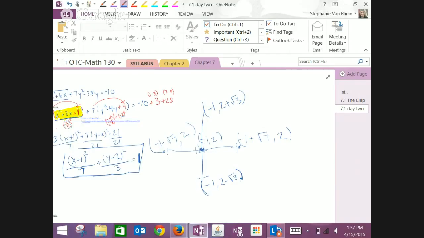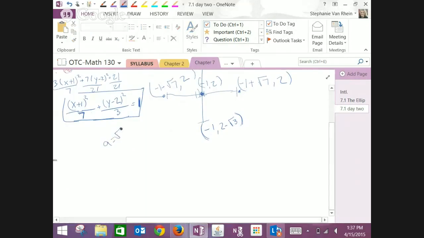And then your focus point will be on your x-axis, and you're still going to take a as the square root of 7, b as the square root of 3. So c squared is a squared minus b squared. That's 7 minus 3, which is 4. So c would be 2. So it's going to be this and this: 2 units to the left and 2 units to the right.